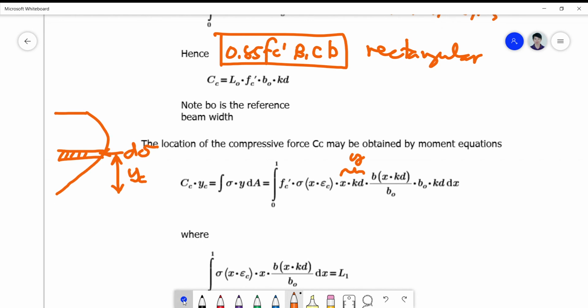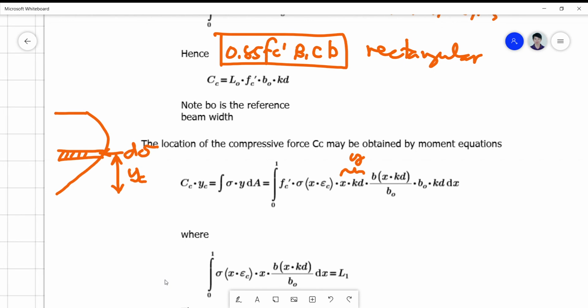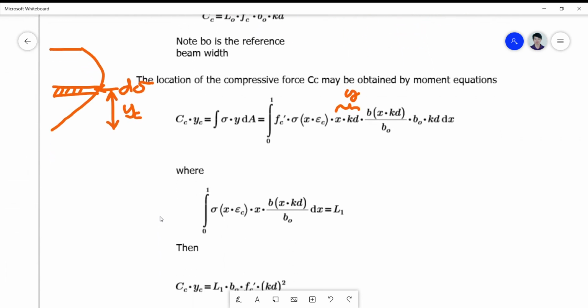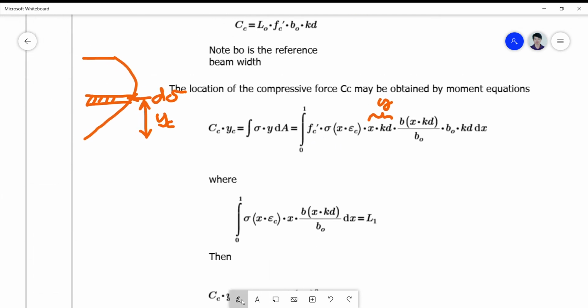So we need the centroid. What they emphasize there is that we need the magnitude and the location to be the representative of the actual curve. So take note that this integration is without the f'c and without the bo kd there.